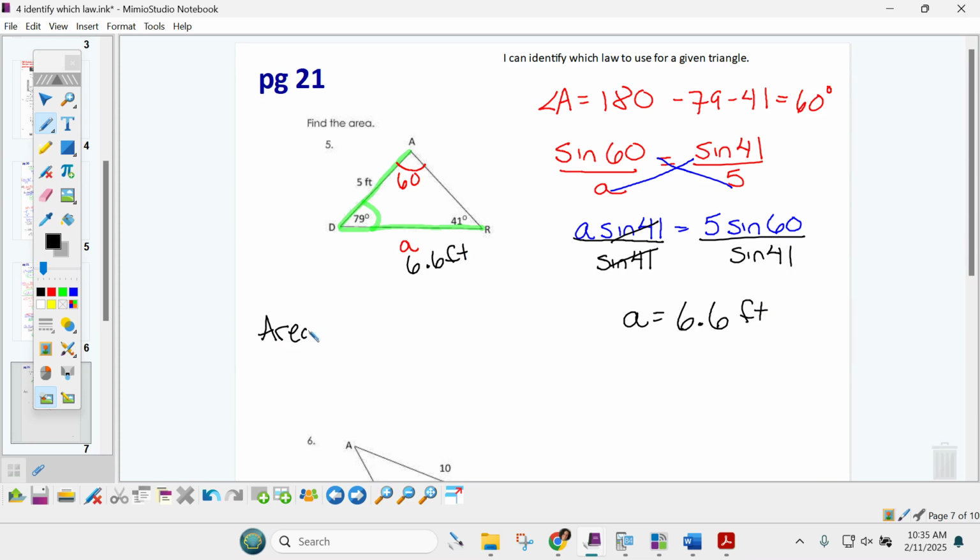So now the area is 1/2 times 5 times 6.6 times sine of 79. That's the side angle side. Again, go to your calculator. And units on area are units squared, so feet squared.